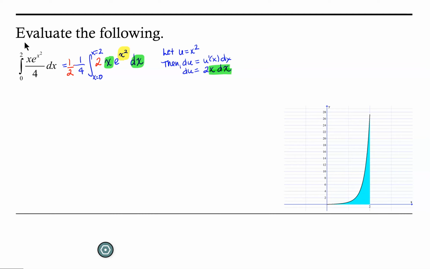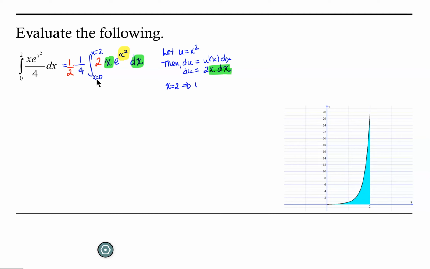The next thing we need to be cognizant of is that in this transformation of the integral from depending on the variable x, we need to also attend to implications for our limits of integration. These original limits of integration are representative of the variable x. We want to find new limits of integration that are representative of the new variable u. So our upper limit of integration is x equals 2.